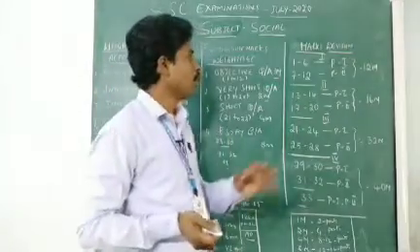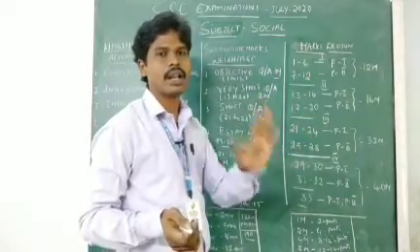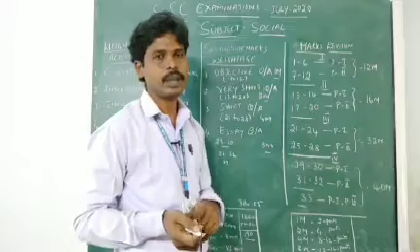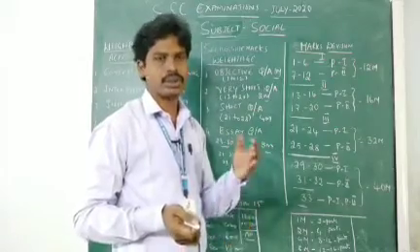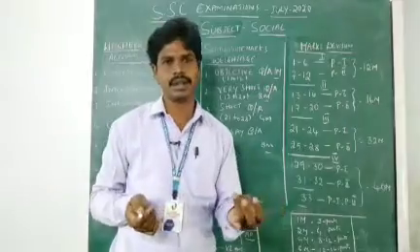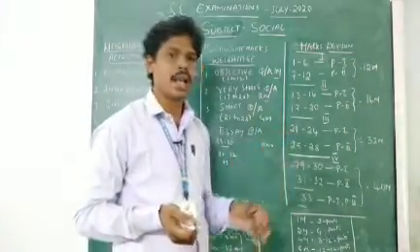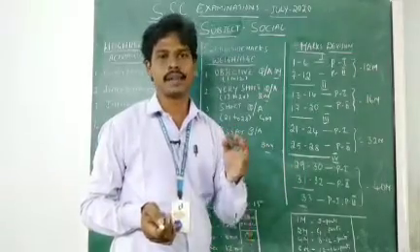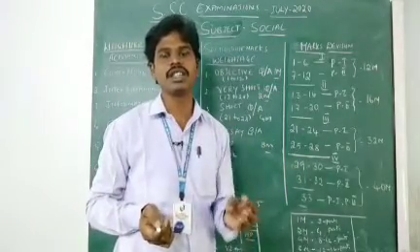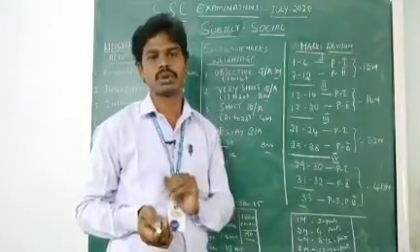Now we go to question numbers 13 to 20. Altogether we have 8 questions. Out of these 8, questions 13, 14, 15, 16, these 4 questions are coming from paper 1, and the remaining 4, that is 17, 18, 19, 20, are coming from paper 2.